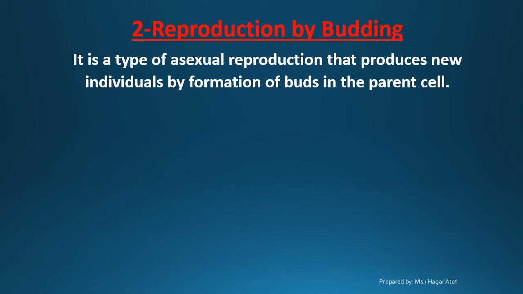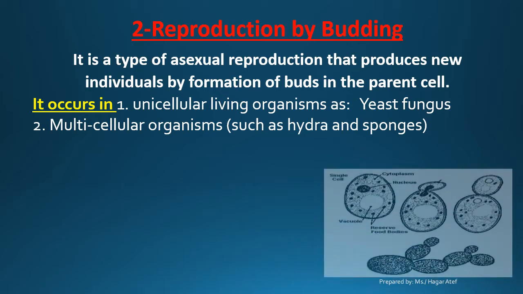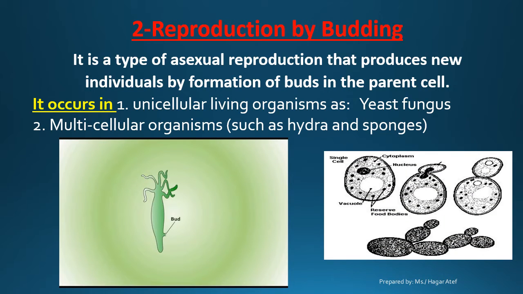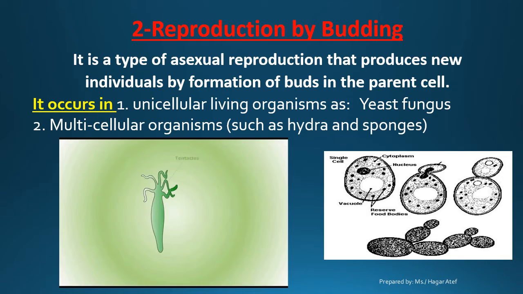Reproduction by budding. It is a type of asexual reproduction that produces new individuals by formation of buds in the parent cell. It occurs in unicellular living organisms such as yeast and fungi, and multicellular organisms such as hydra and sponges.